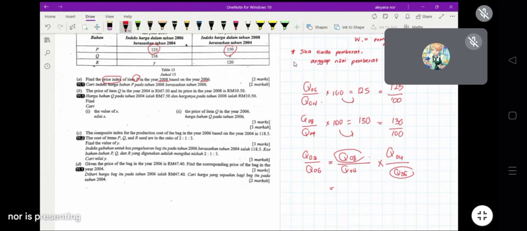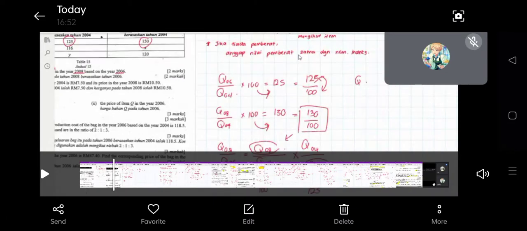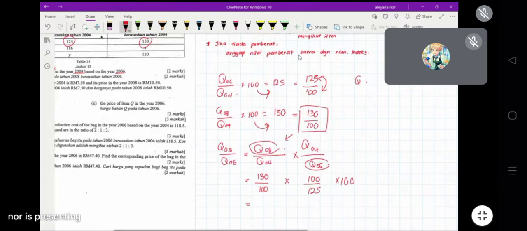Because it's 8 based on 6, and your Q04 you just repeat the same thing again in these two equations. What you do next is you substitute.